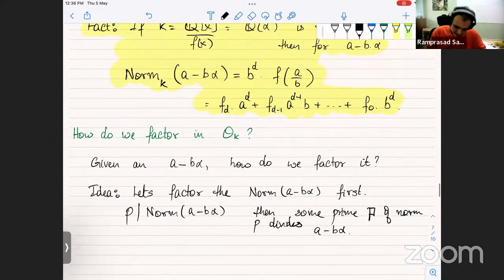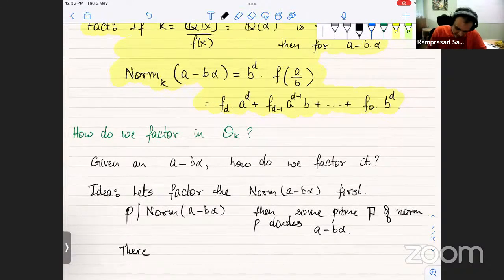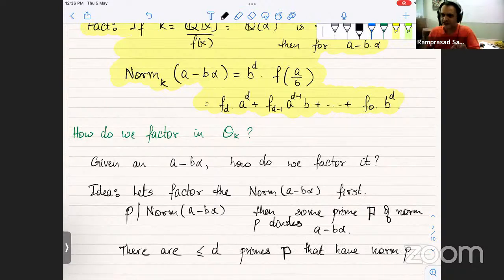Now it turns out there are at most D primes that have norm P. That is, once you fix a prime and ask how many different primes have this norm P, there are at most D distinct primes. Again, D is the degree of the polynomial that you have.